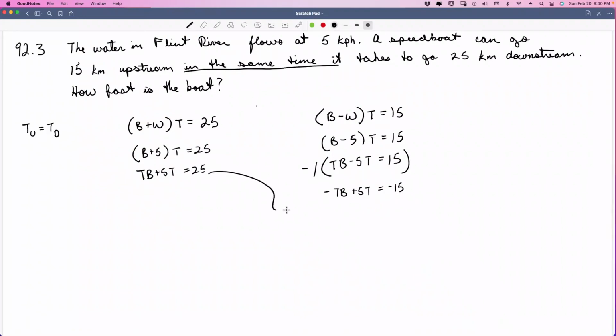Now we can take this one and bring it over here and say tb plus 5t is equal to 25. Now this cancels, and we have 10t is equal to 10. So t is equal to 1 because we divided both sides by 10.